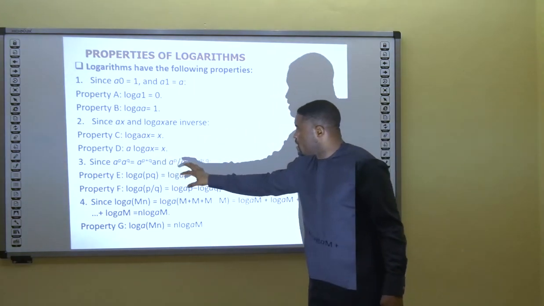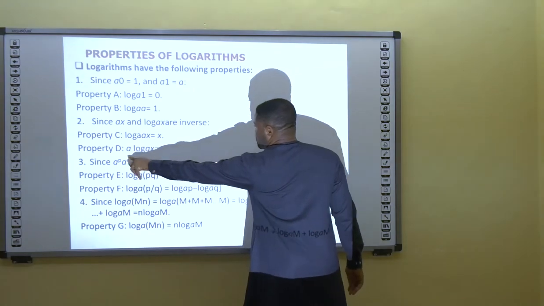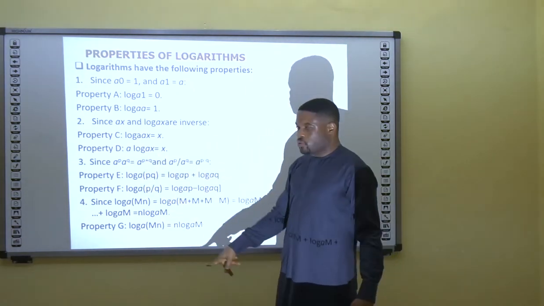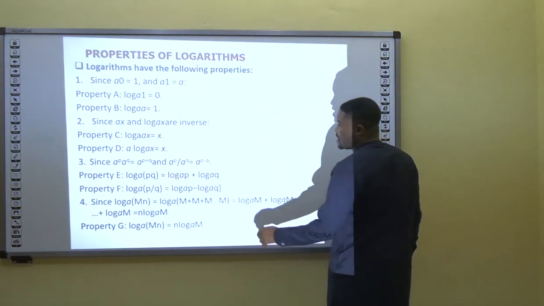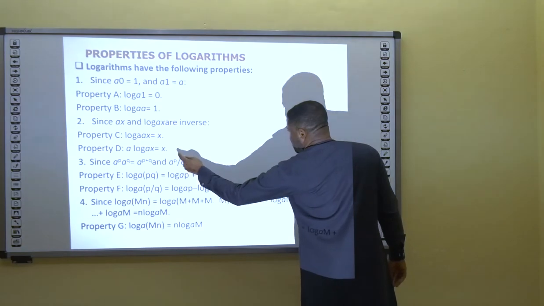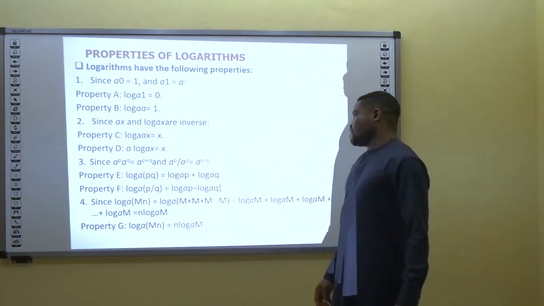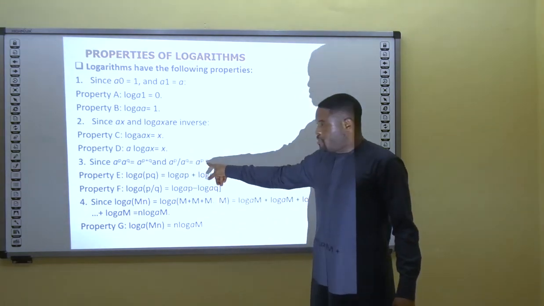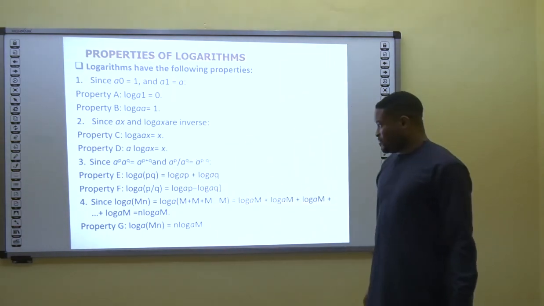Then the third property says that since a^p times a^q is equal to a^(p+q), which we have discussed in the former slide, it means that we can also take a^p divided by a^q, which will give you a^(p-q). So that also represents property 3.